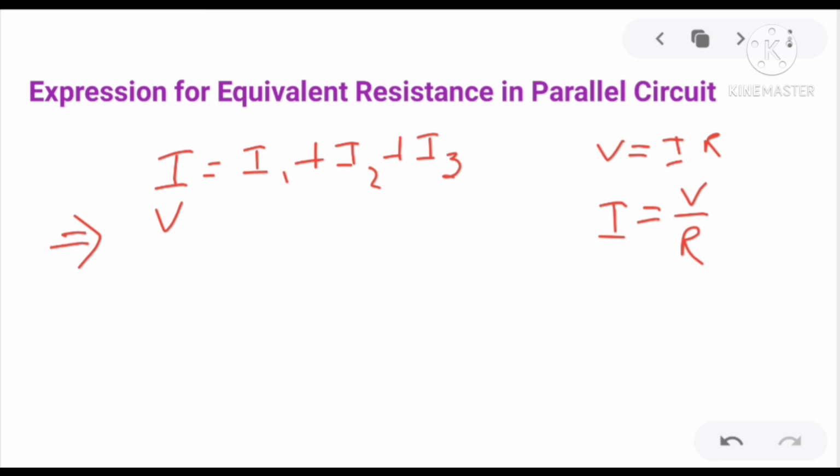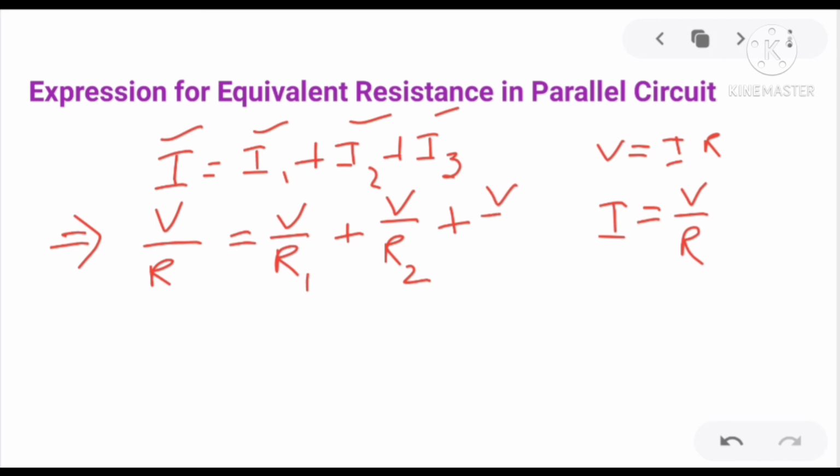For all three it is the same V, isn't it? So V by R we can write equal to V by R1 plus V by R2 plus V by R3.